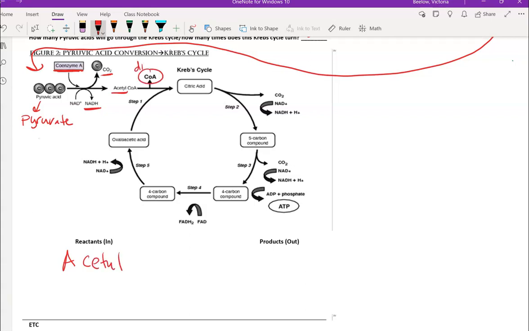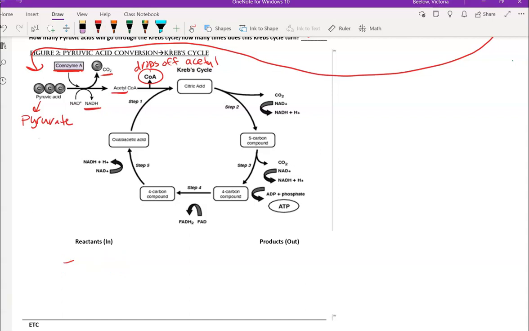Remember this CoA, it's just dropping off the acetyl. Okay, it's not actually involved in the reaction, it's just dropping it off at the Krebs cycle after it made it, converted it from pyruvate into acetyl, and then it just goes back to get more, converts it, and brings it back.